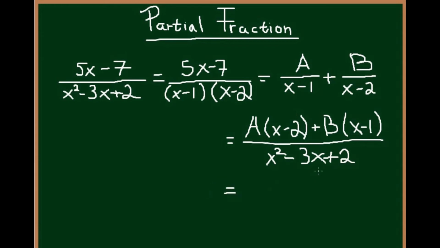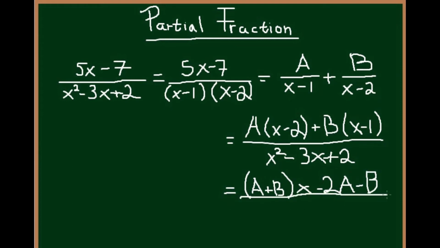And then we simplify these polynomials, and we got a plus b times x minus 2a minus b over x squared minus 3x plus 2.